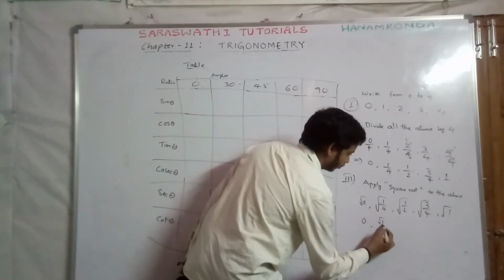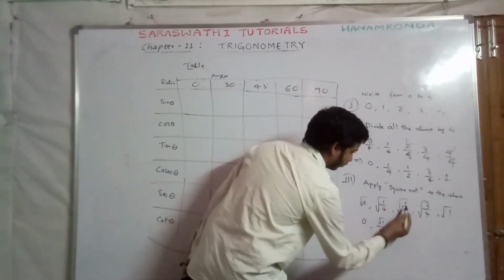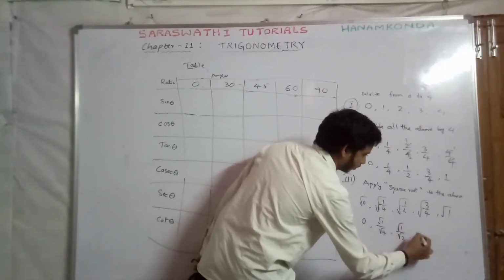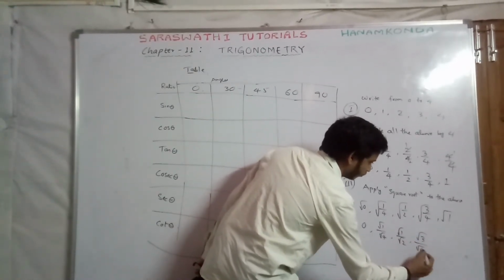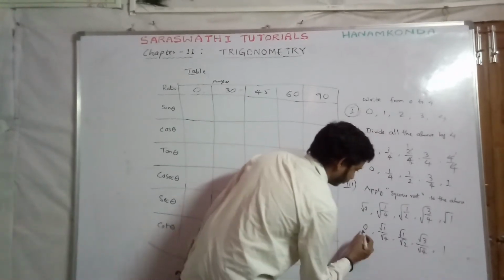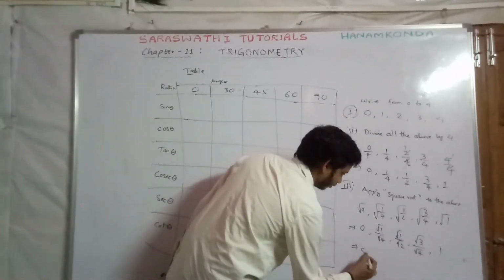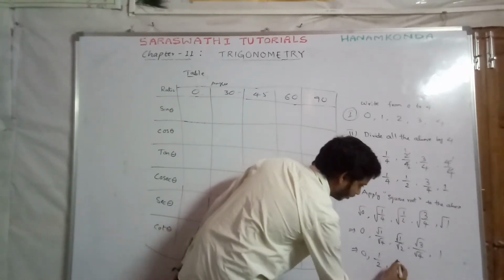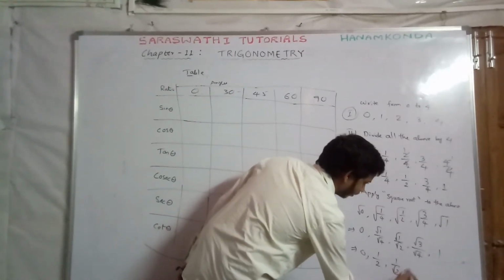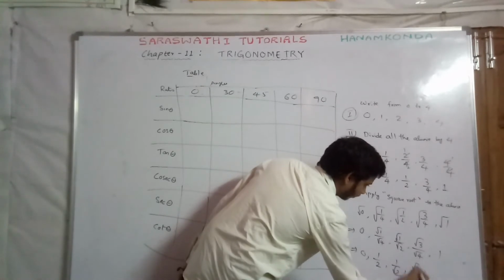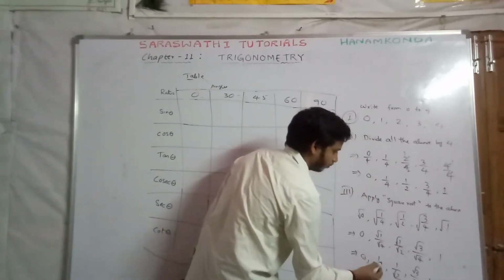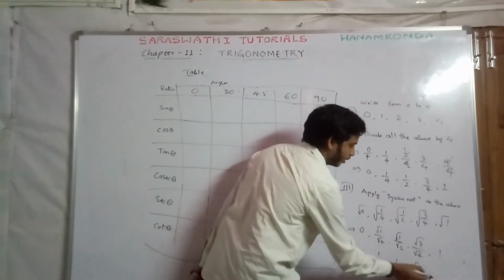Root 0 is 0, root 1 by root 4 is 1 by 2, root 1 by root 2 is 1 by root 2, root 3 by root 4 is root 3 by 2, and root 1 is 1. So we get 0, 1 by 2, 1 by root 2, root 3 by 2, 1.